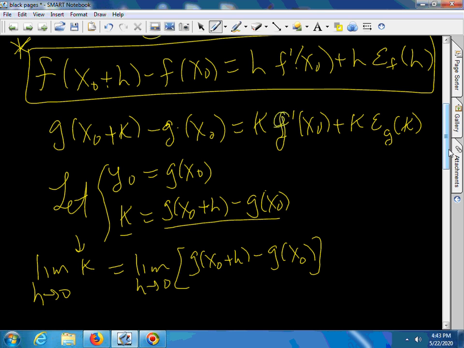Well, since g is differentiable, you can basically say h is 0. And you get g of x0 minus g of x0 is 0. That is, the limit as h goes to 0 of k is also 0. Okay.